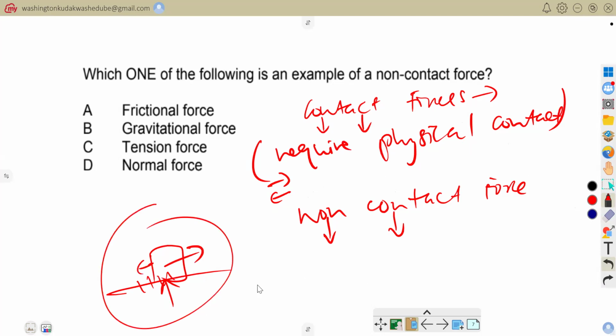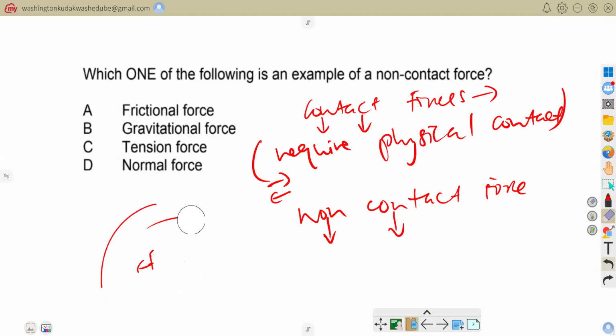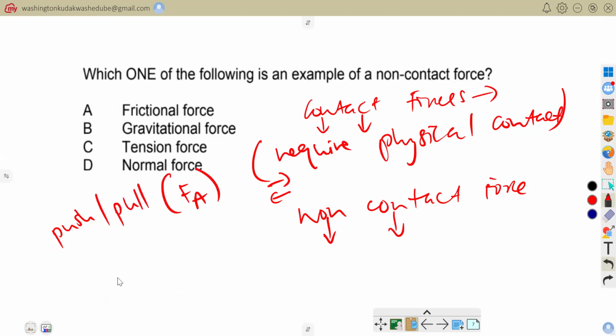So I can simply say that forces that fall under contact forces would be a push or a pull, which becomes the applied force. And then we also have the tensional force.